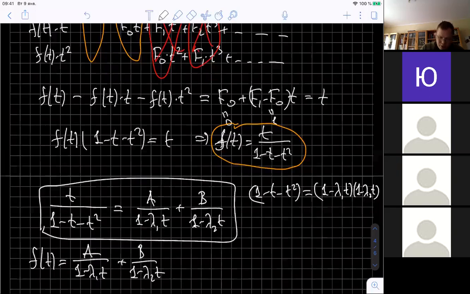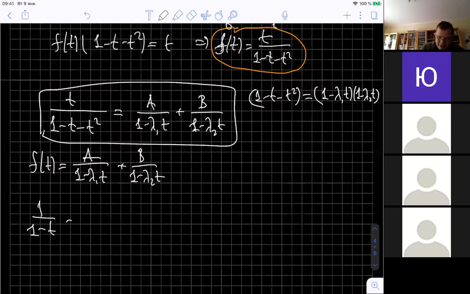And we know that 1 over 1 minus t is equal to 1 plus t plus t squared, and so on. So can you write the inverse of 1 minus lambda t? So lambda is just like a coefficient. Can you write what this infinite power series will be?